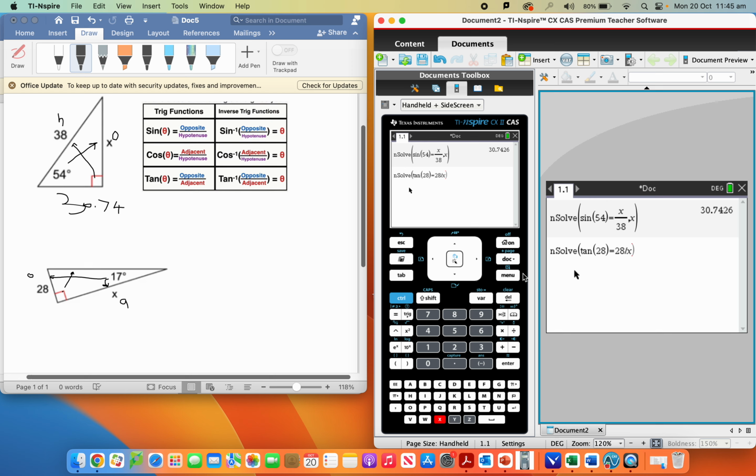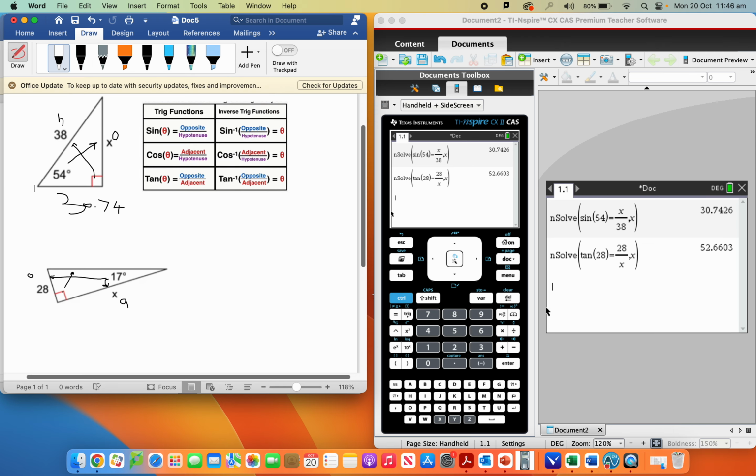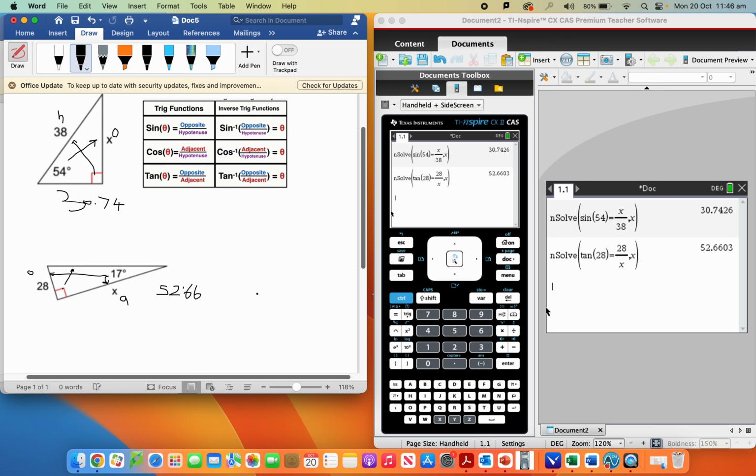We're going to comma x because we're trying to find that answer. Then we press enter. Again, rounded to 2 decimal places, we're simply going to write 52.66.